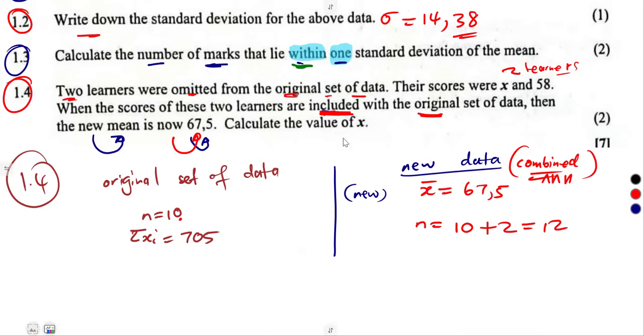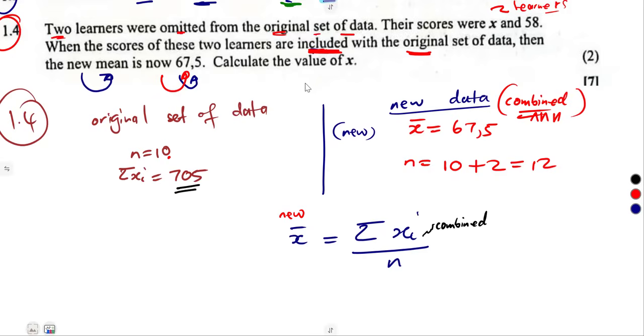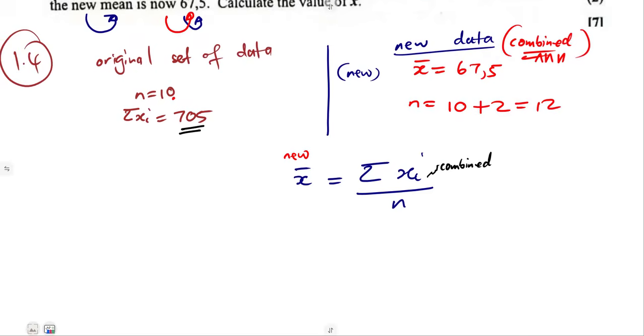So the question is, what is going to be the value of x if we are given a mean of 67,5 as our new mean? The same mean that we calculated as the sum of terms over the number of terms, but we are now considering this as the new mean. And the sum of terms here is supposed to be of a combined situation, where we must consider the original set and those two learners that were included. So we can form an equation from there.